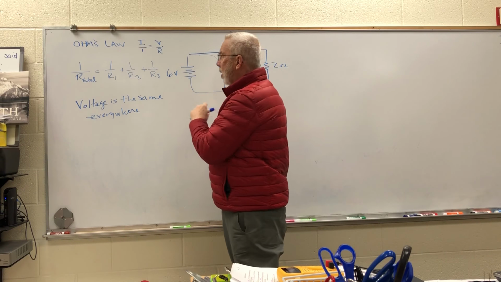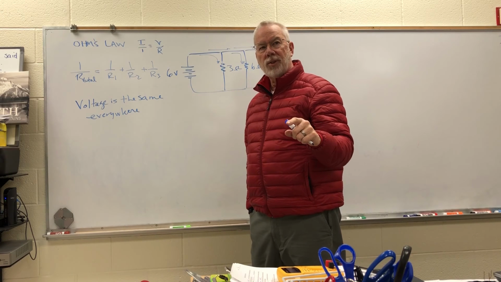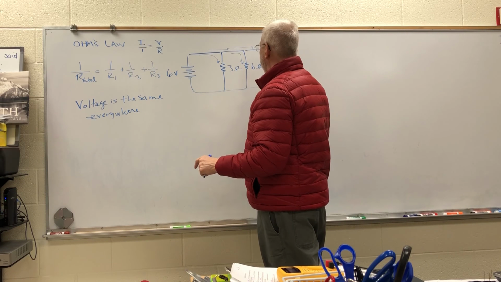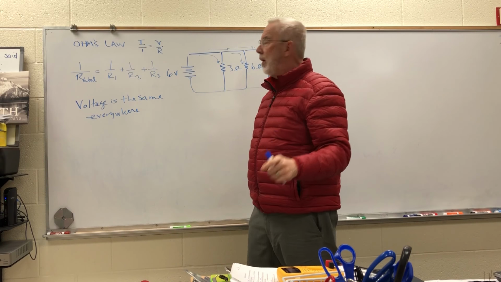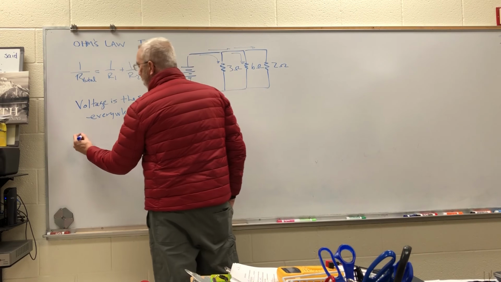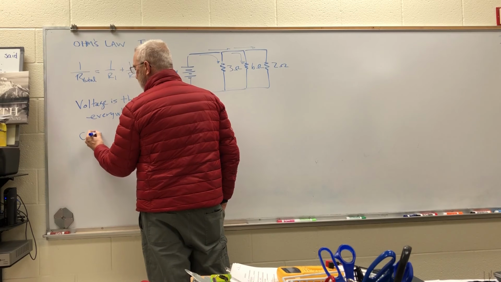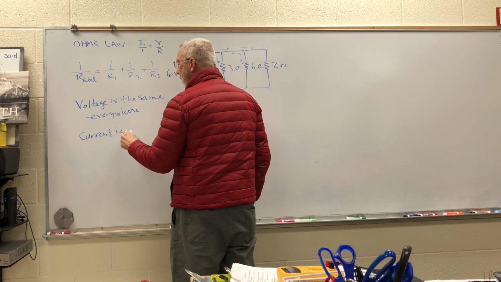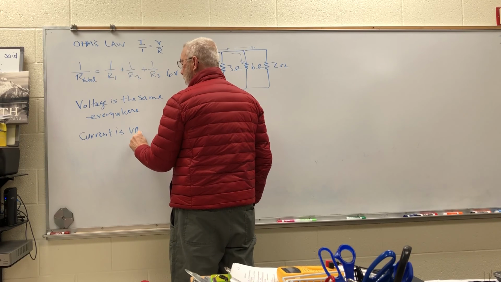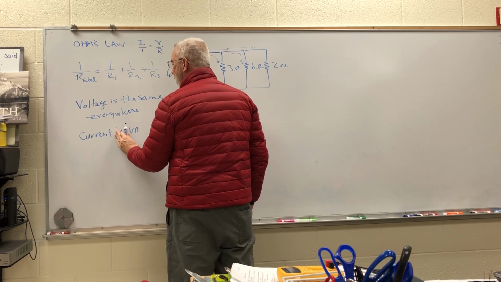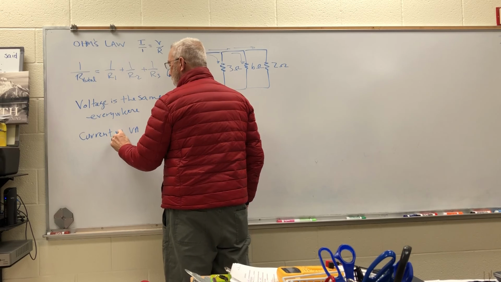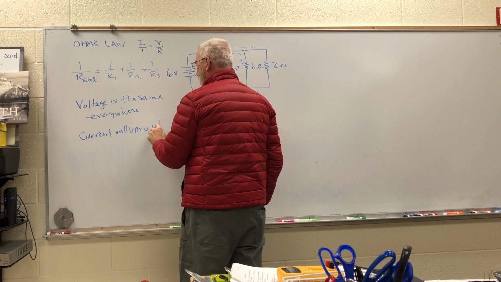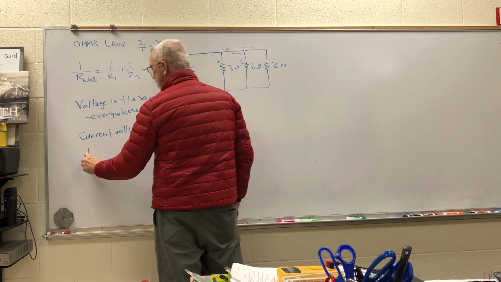On a parallel circuit, it's the voltage that's the same everywhere, which means that we can measure the voltage at any given spot and it will be the same. But the current is going to vary. Let's say the current will vary with resistance.